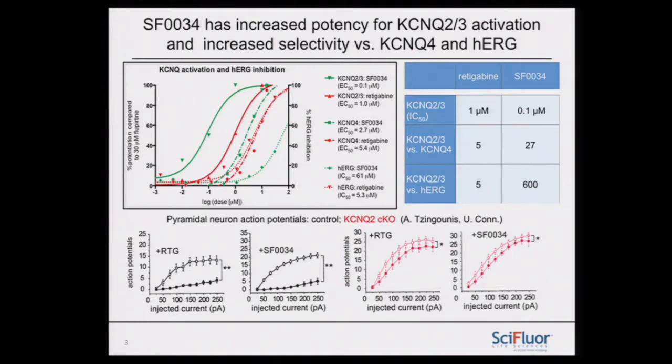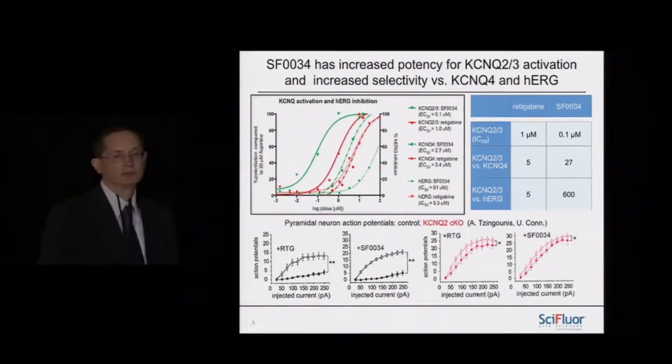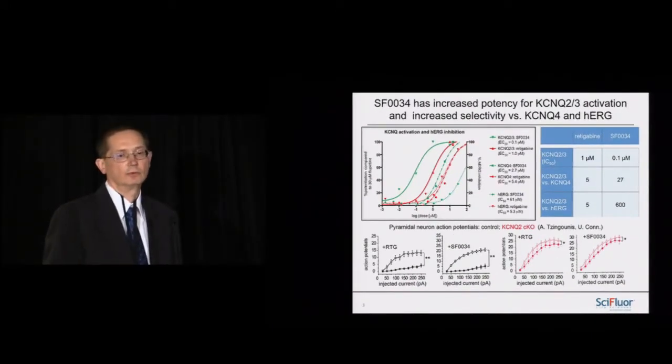KCNQ2/3. It's probably best just to look at the table on the upper right, where I've captured the take-home message from all the graphs on the upper left, which compare SF34 to retigabine contemporaneously in these models. The potency is about 10 times higher.